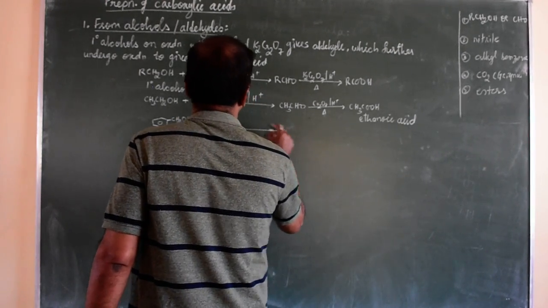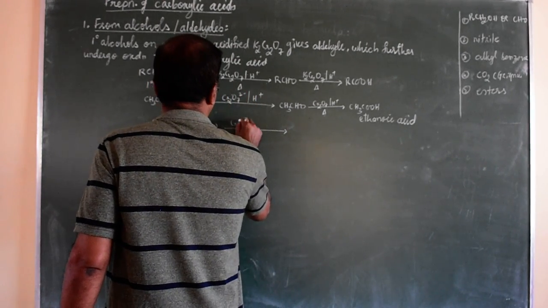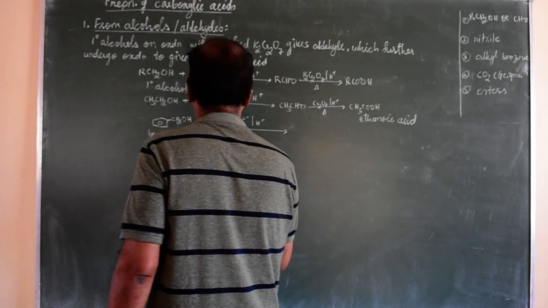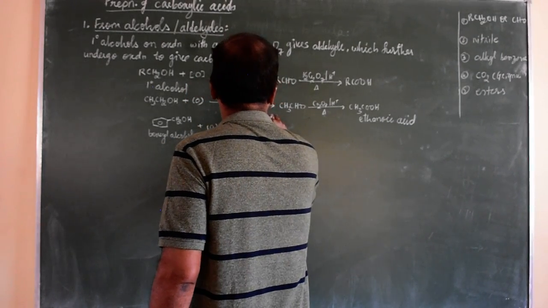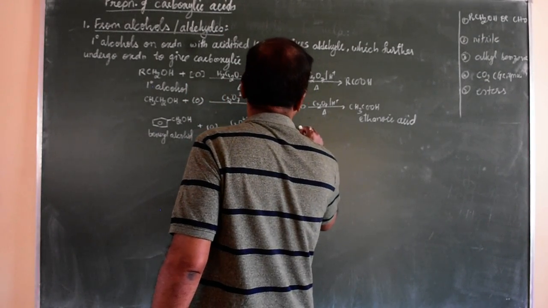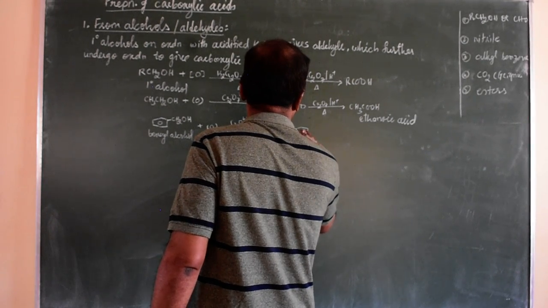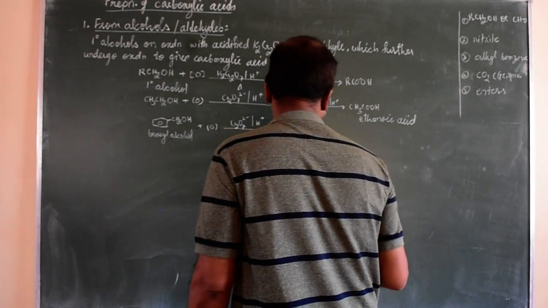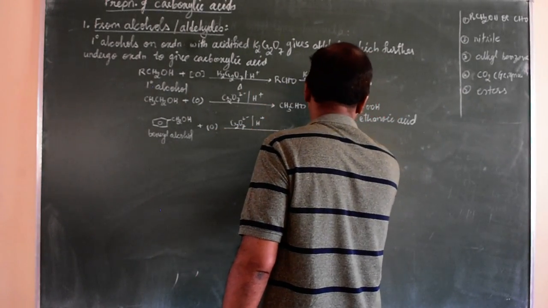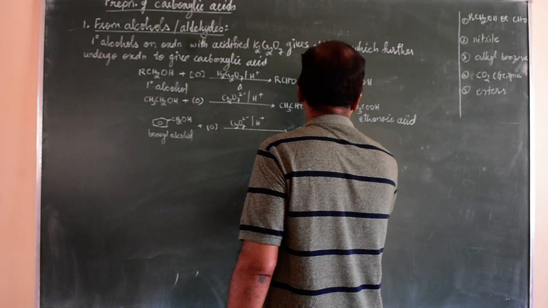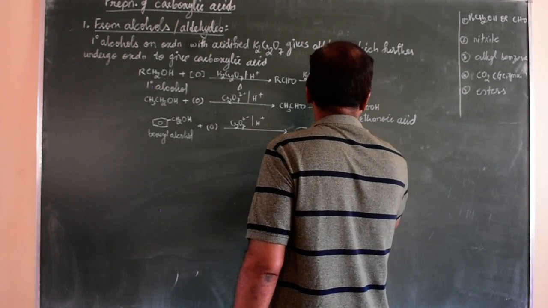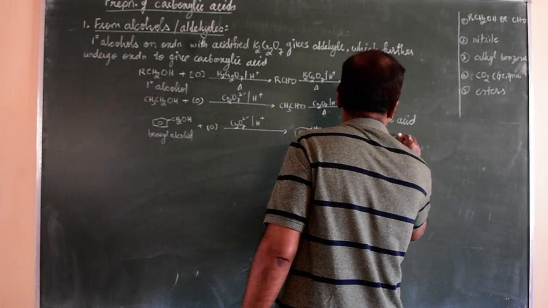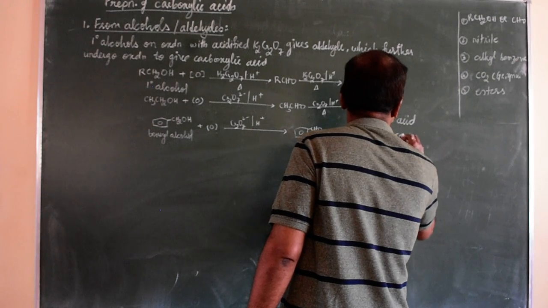Even K2Cr2O7 can be used, but a better oxidizing agent like KMnO4 is used for this one, because we have side chain oxidation. It gives benzaldehyde. Benzaldehyde further undergoes oxidation to give benzoic acid, C6H5COOH.